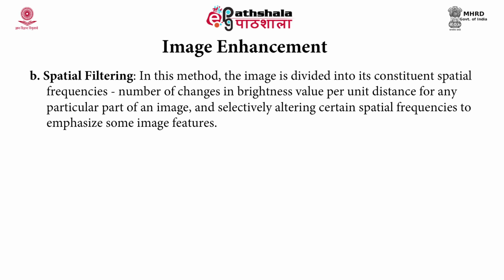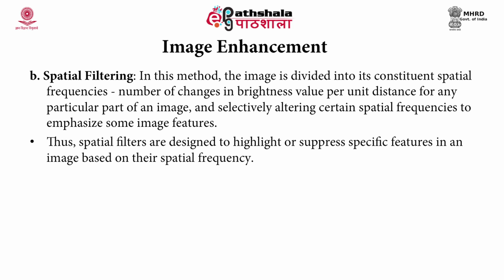In this method, the image is divided into its constituent spatial frequencies, the number of changes in brightness values per unit distance for any particular part of an image, and certain spatial frequencies are selectively altered to emphasize some image features.